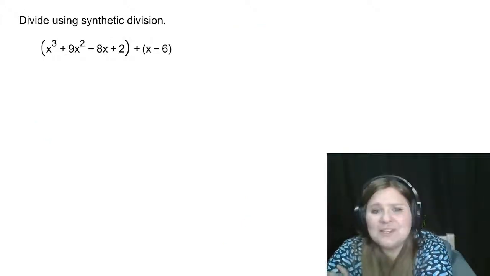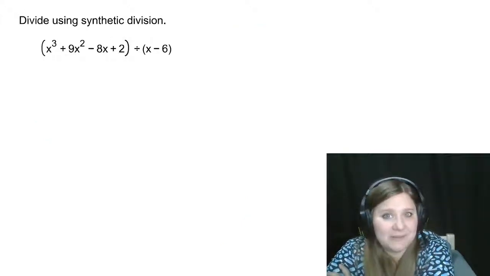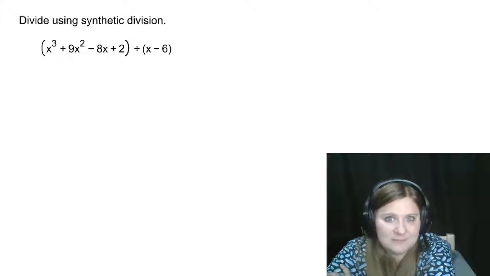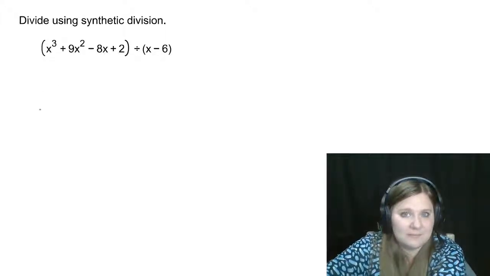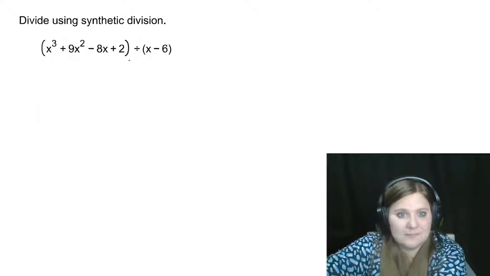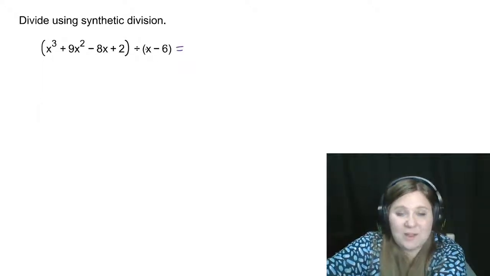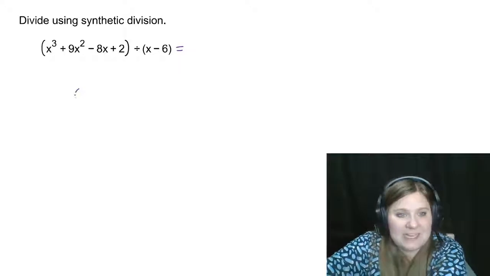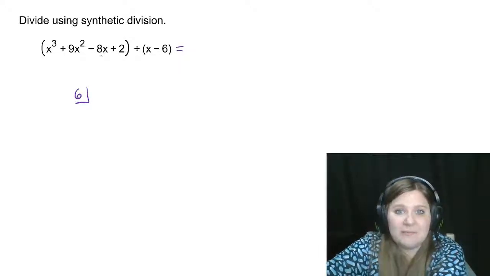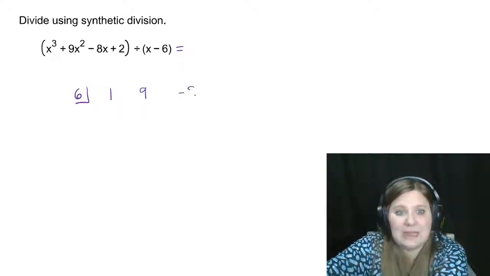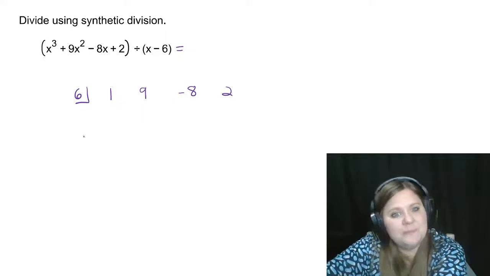Now, try dividing this one using synthetic division. So, first of all, I look at what makes this equal to 0, and the answer is 6. Then I take the coefficients of my other set of parentheses. So I have 1, 9, negative 8, and 2.